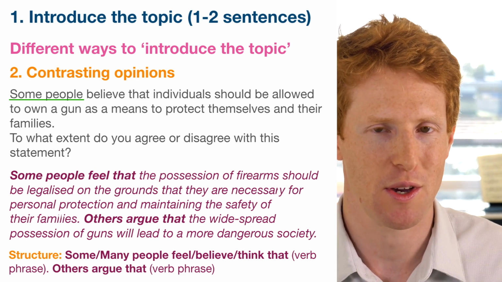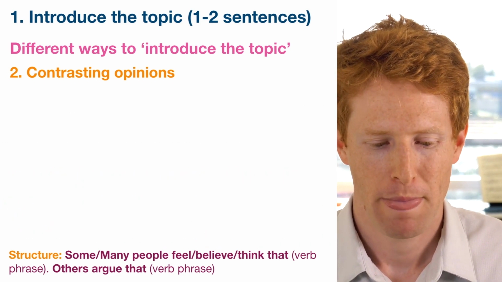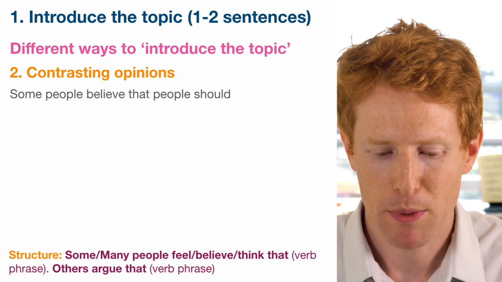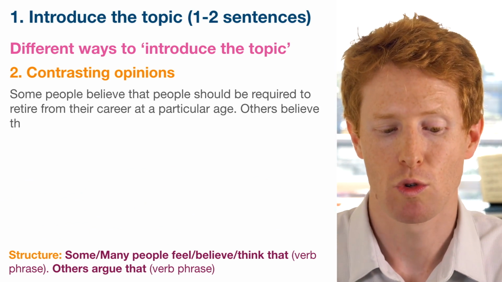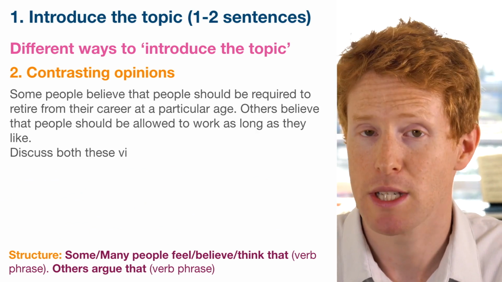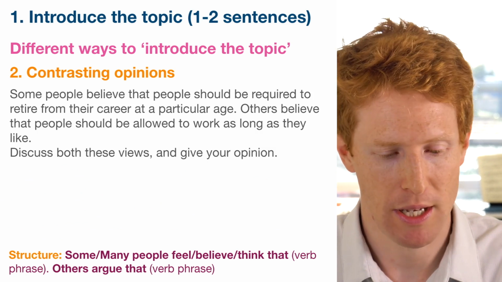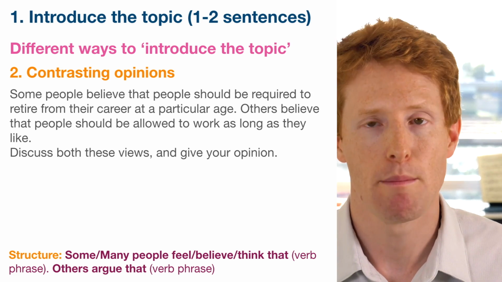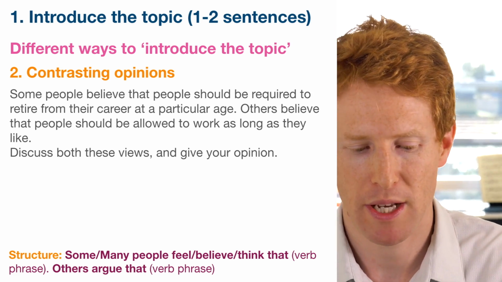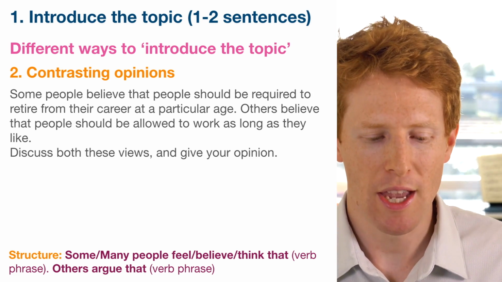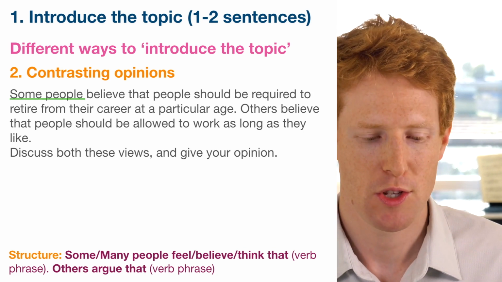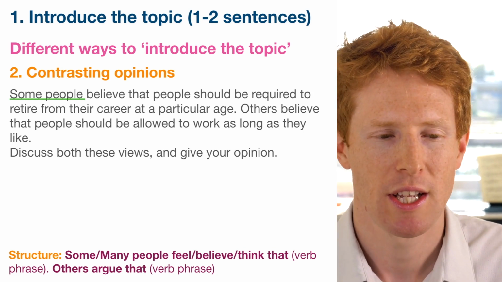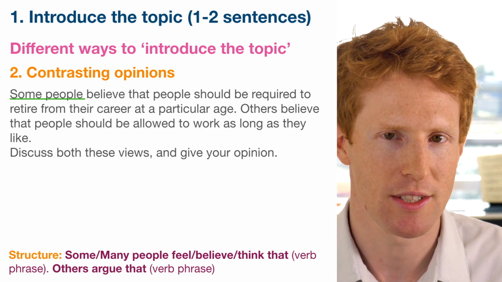Let's have a look at another example. Some people believe that people should be required to retire from their career at a particular age. Others believe that people should be allowed to work as long as they like. Discuss both these views and give your opinion. Okay, again we have some people, so the question is showing us that there's a debate in opinions.